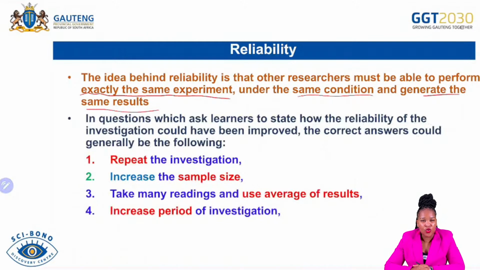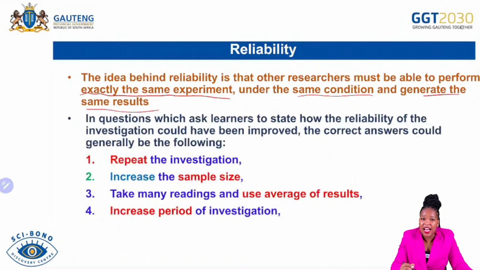Another thing that you can do is to increase the period of investigation. You cannot be doing an investigation, maybe investigating the growth of a particular plant, and then you do it over 5 days. How much growth can you get in 5 days? So you need to allow it time so that you are able to see that this has had enough time to grow.